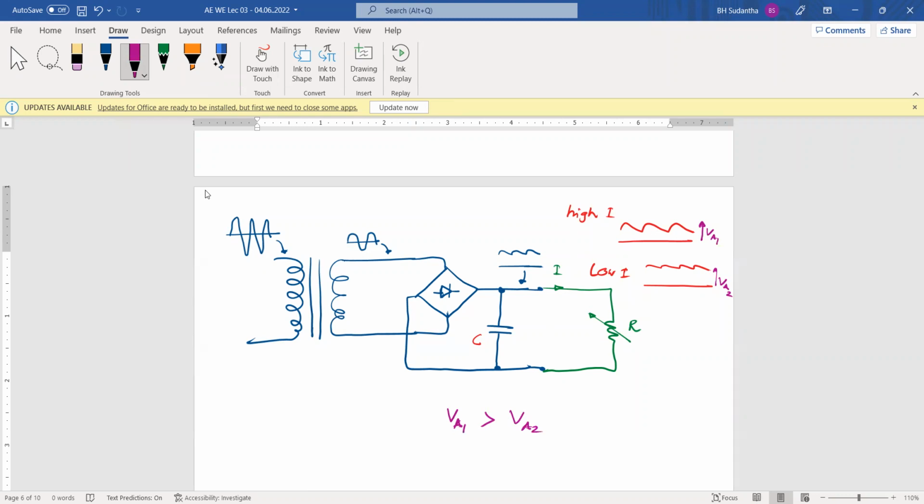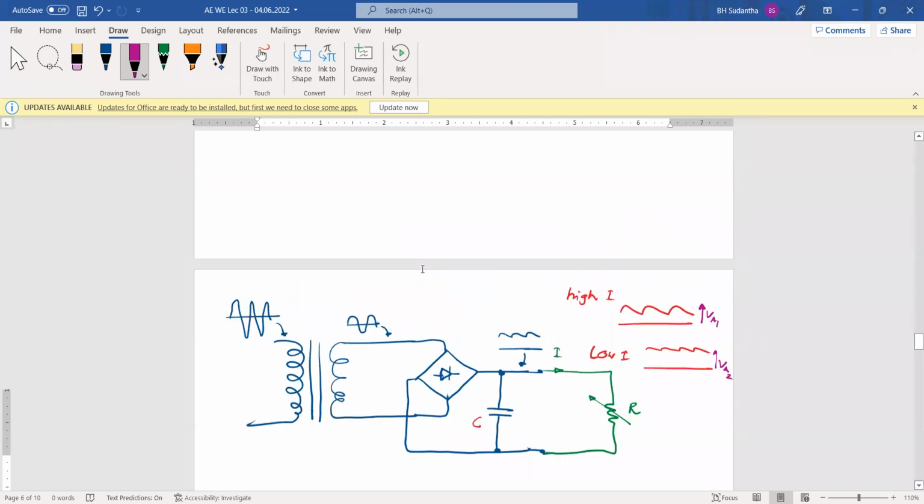Why? Depending on the load resistor, the load current will be varied. Because this current is varying, the output voltage, the ripple voltage and everything will be varied. As a result, the circuit voltage will be varied.